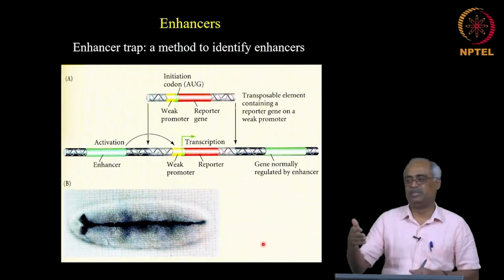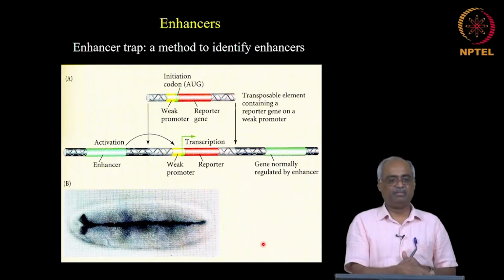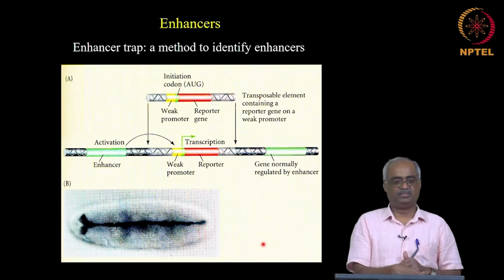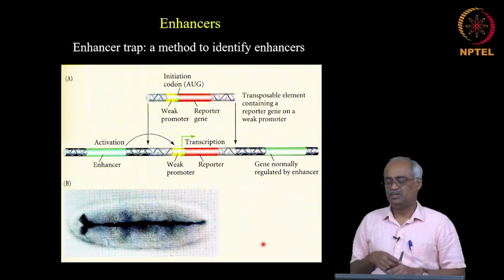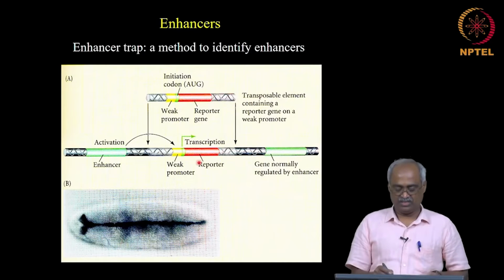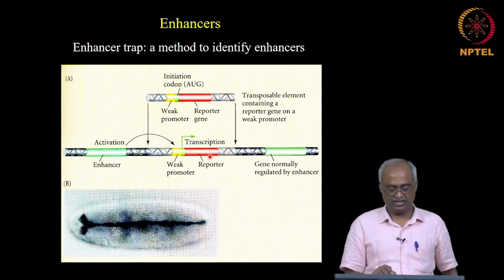Okay. Instead of some other mutagen, here you are using transposable elements. So, in different individuals of that organism, you will have the transposable element inserted in one part of the genome or another part of the genome. So, now suppose this transcriptional reporter gets inserted in the vicinity of an enhancer, as you see in this picture here.